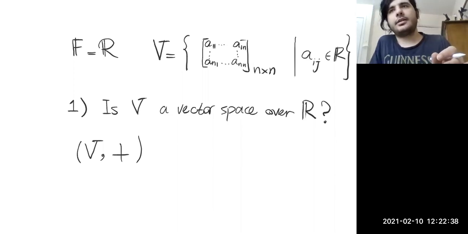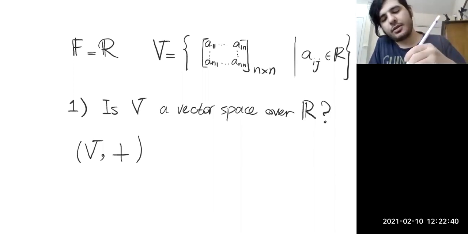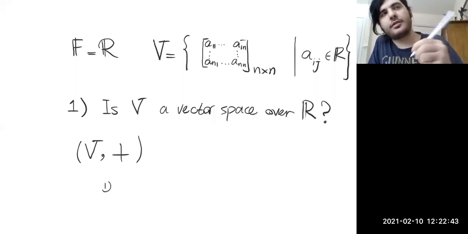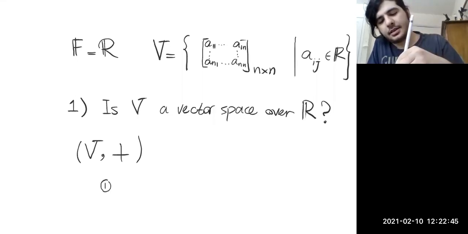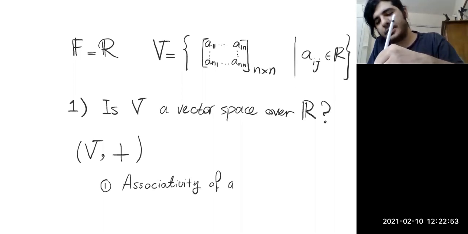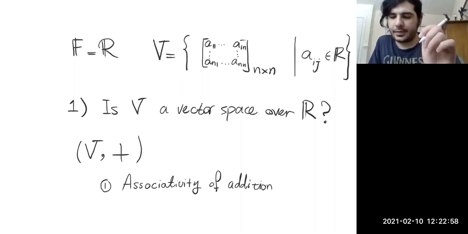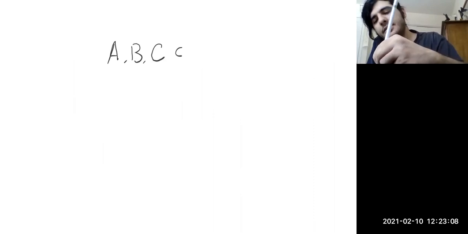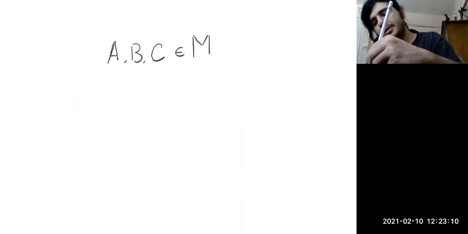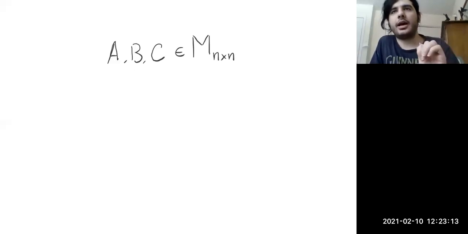So let's go back to the definition of a vector space. The first part of the definition was associativity of addition. What does that mean? It means if I take three matrices, let's show them with A, B, and C. These are three matrices, say n by n matrices.